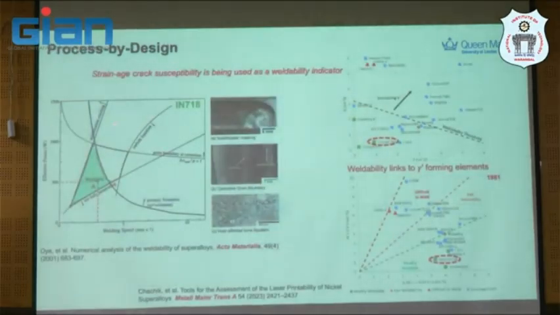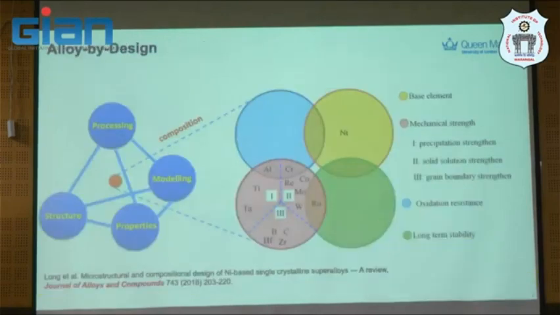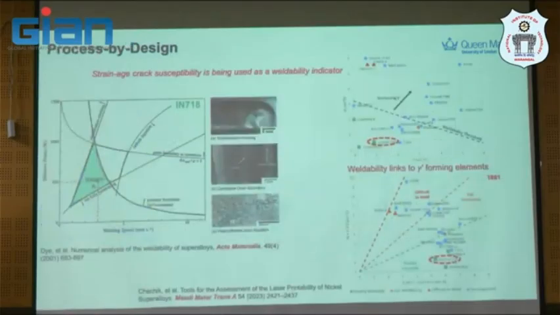Process by design. Previously we talked about composition, which is alloy. There is nothing about process there: alloy is alloy, composition is composition. But when you process it, it is probably different. For example, this is very old work from 2000, 2001, a numerical study by David Dye, now at Imperial but who did his PhD at the University of Cambridge, on the weldability of Inconel 718 superalloy.